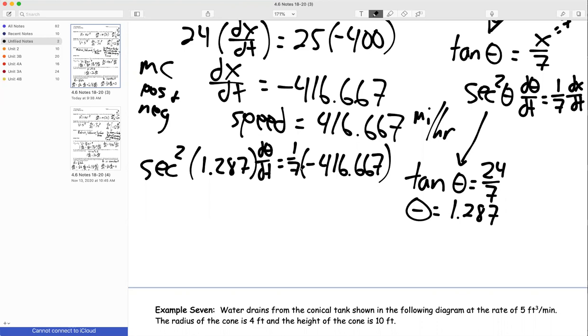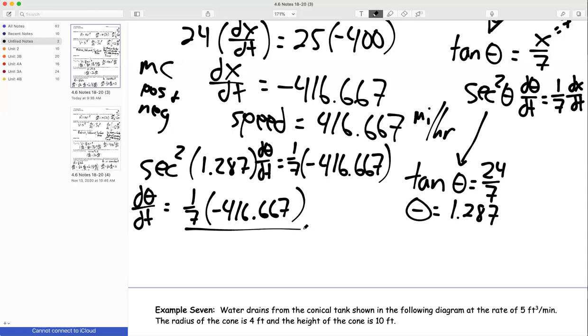I need to solve for dθ/dt. So I'm going to divide by secant squared of 1.287. So let's see, we got dθ/dt is equal to 1 over 7 times negative 416.667. And then I'm going to divide by secant squared of 1.287 on both sides. And I could rewrite the secant squared to help me out a little bit.